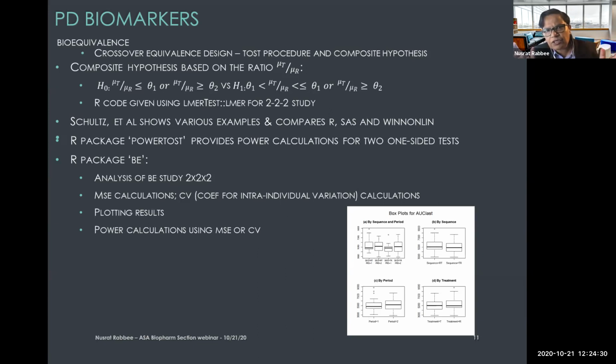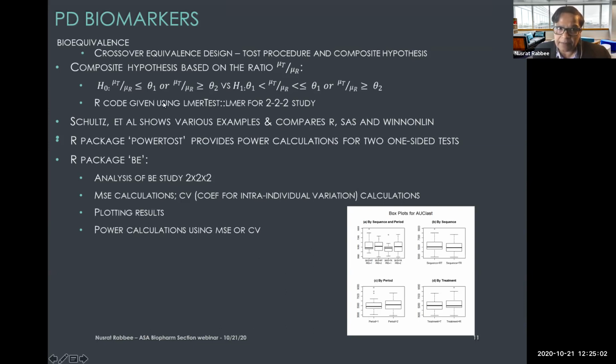These hypothesis tests have to be conducted using R. This study is often called the 2x2x2 study, which covers two treatments, reference and treatment, two sequences. Crossover means you can go from reference to treatment, or treatment to reference, and two periods, period 1 and period 2, for every animal or person.